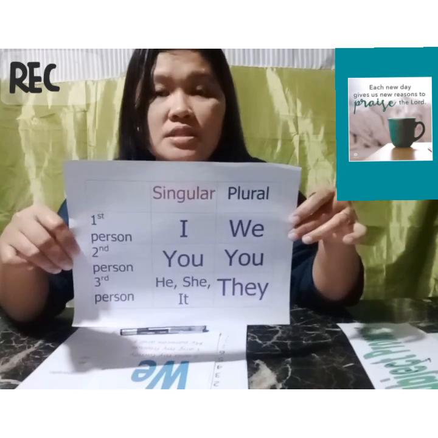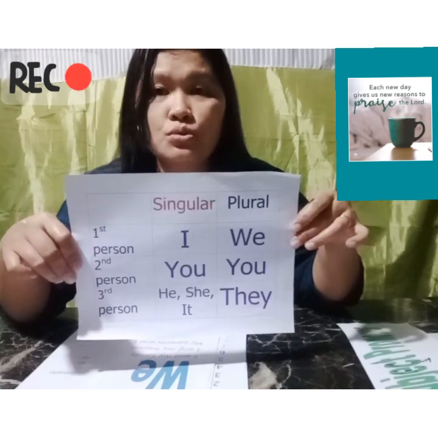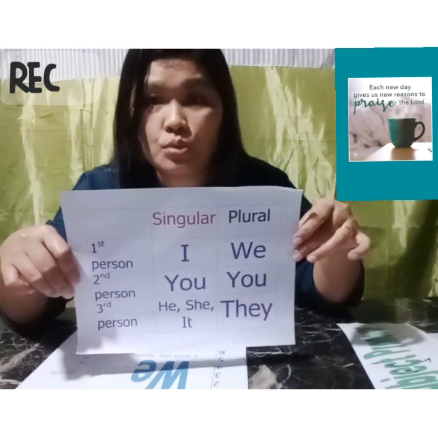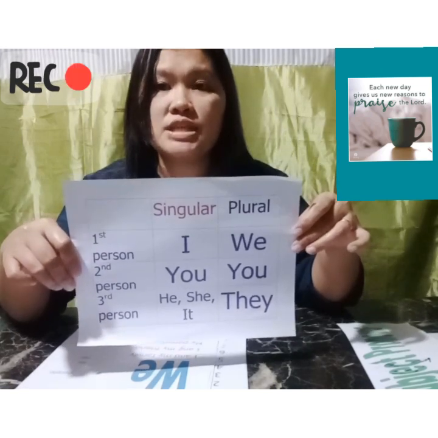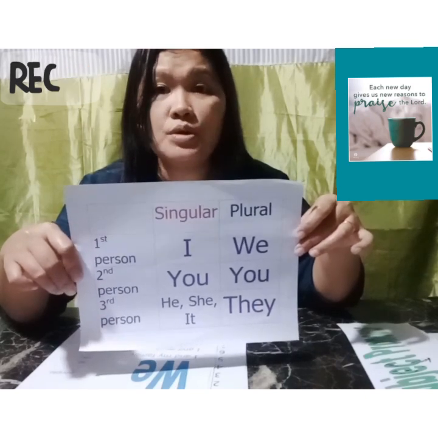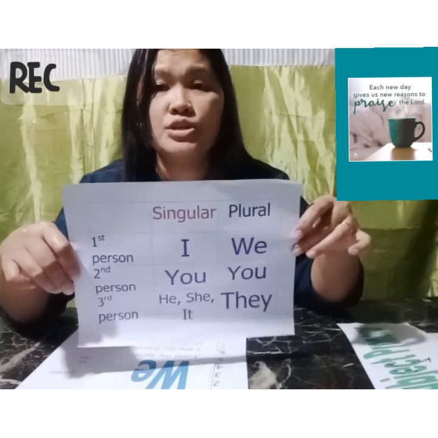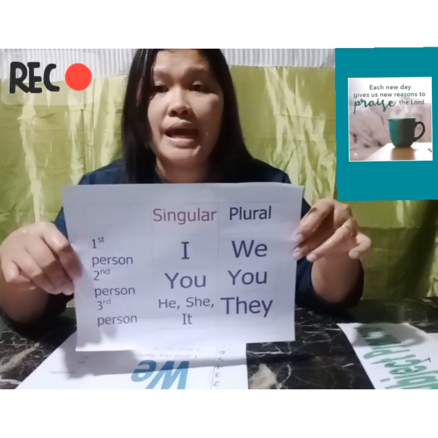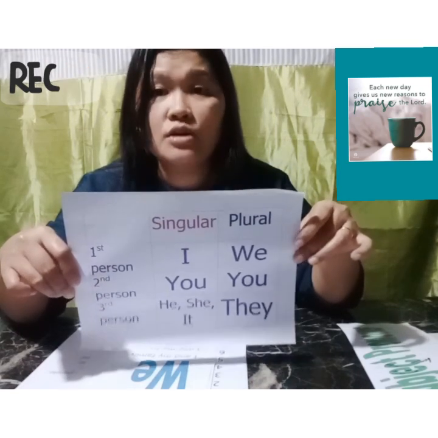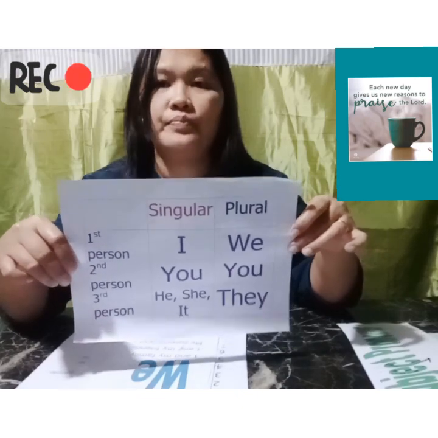The second person refers to the person being talked to. So for singular, we have you. For the plural, we also have you. So you may mean only one person or 2 or more.